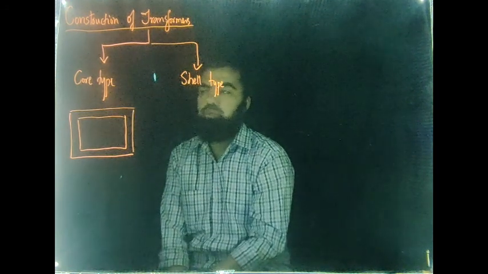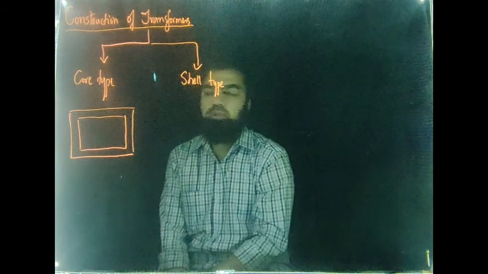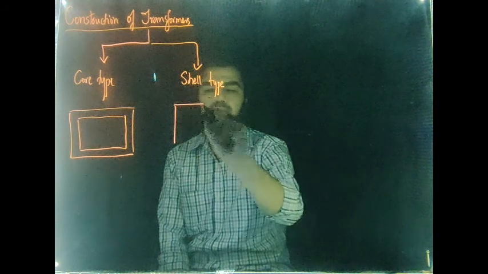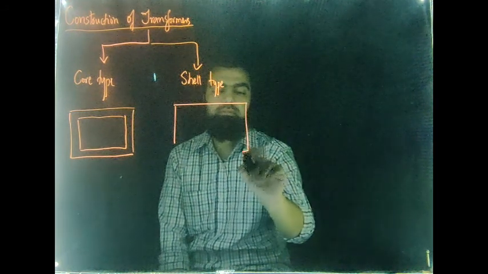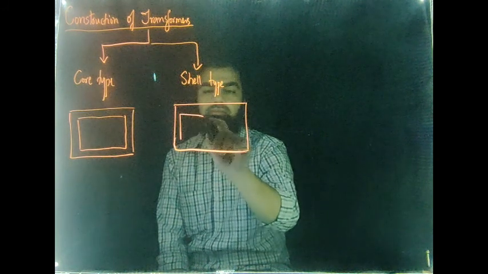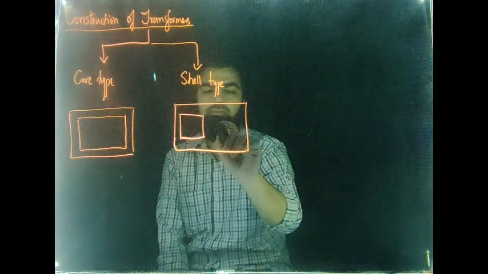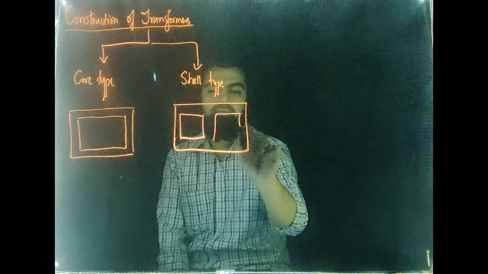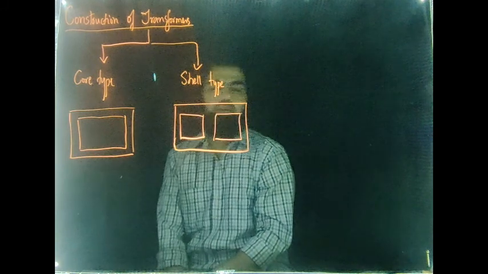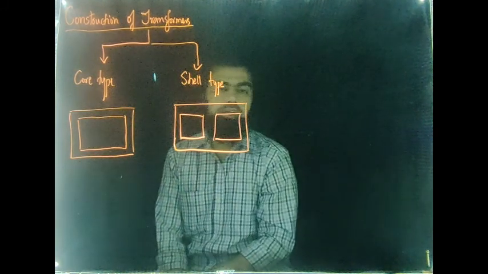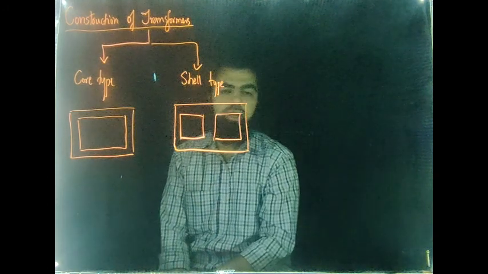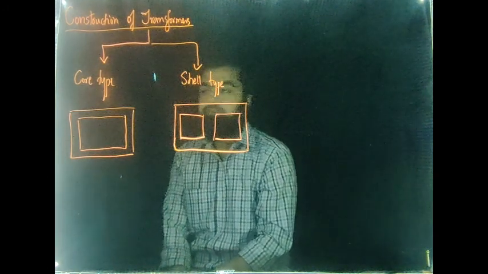We'll come to that also. So in a core type transformer, you have a simple rectangular structure, while in the case of a shell type transformer, you have a double core structure, wherein the arrangement of windings will be done in a specific manner.